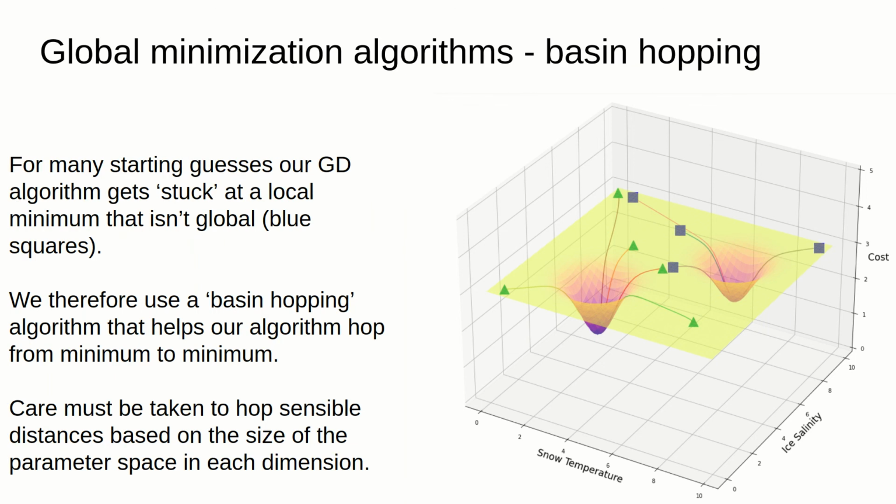So with a global minimum algorithm, you'd take a good guess, go into a local minimum, and then you perturb your state, and there are some different schemes to perturb it, and you would hop from one basin into another. That actually sounds really complicated, but it's a bit like just taking a new initial guess. And you take your new initial guess based on some information that you've already got, rather than just randomly taking it.